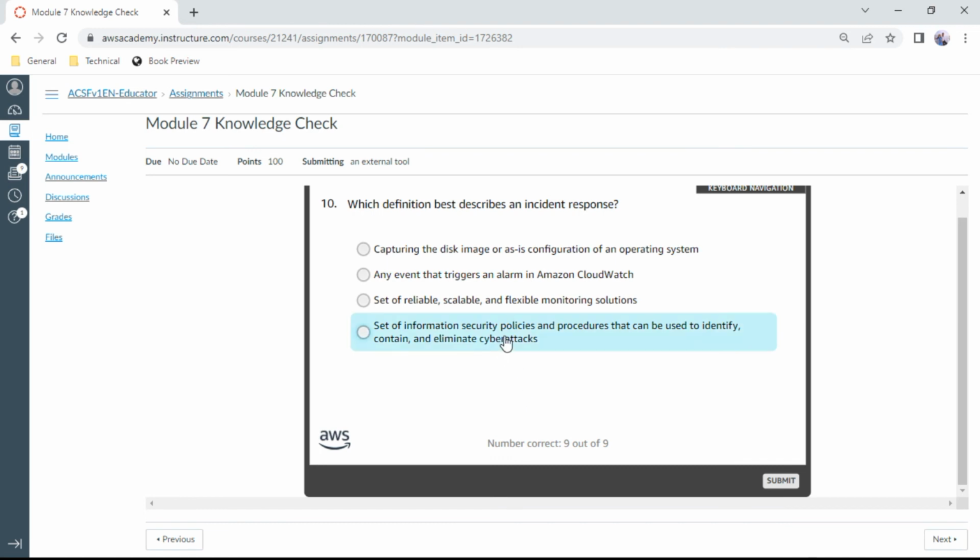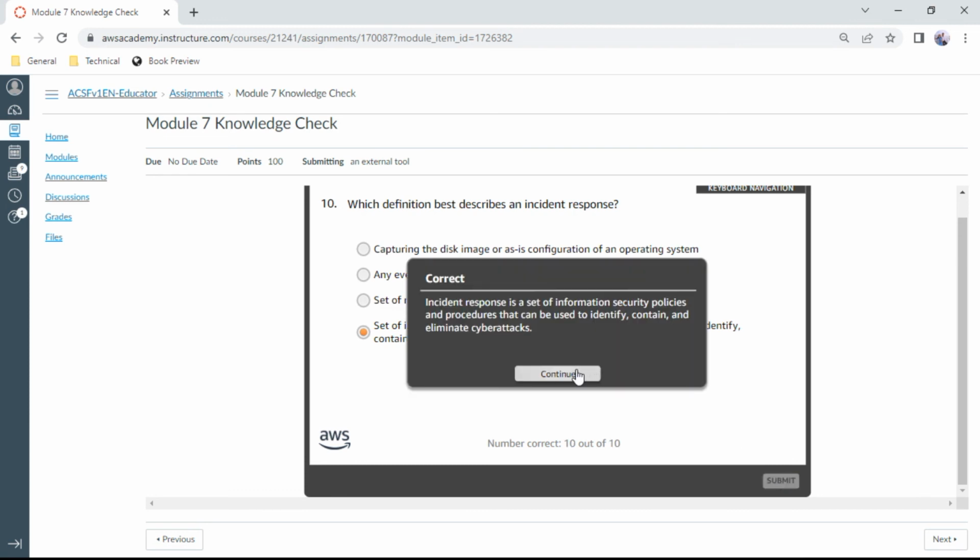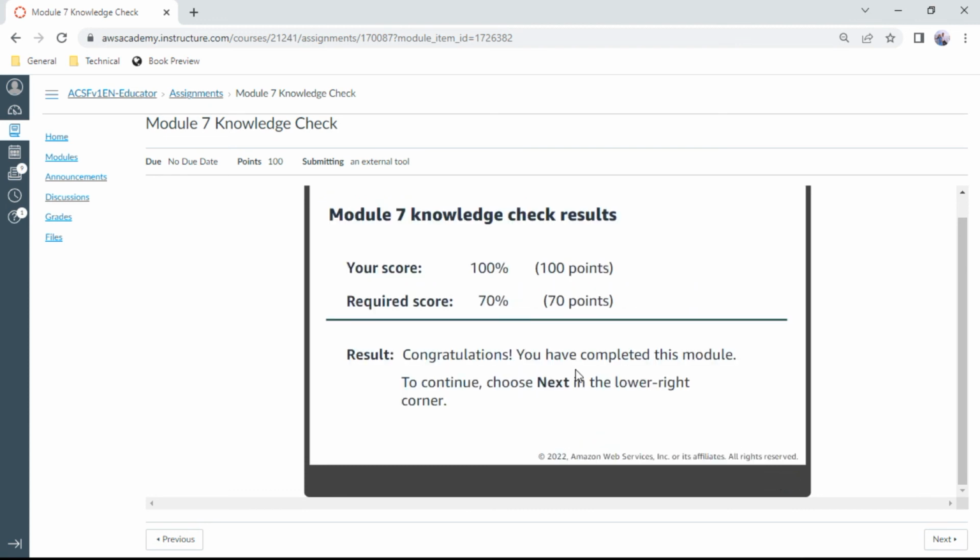Okay, a set of information security practices, policies, and procedures that can be used to identify, contain, and eliminate cyber attacks. Okay, correct.